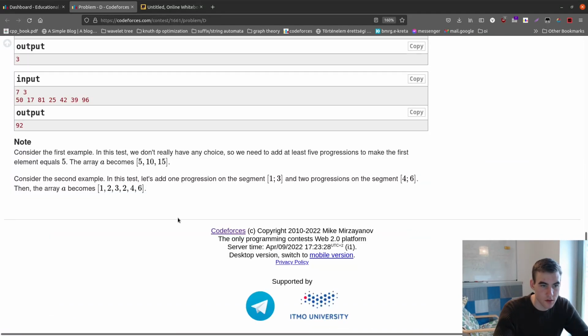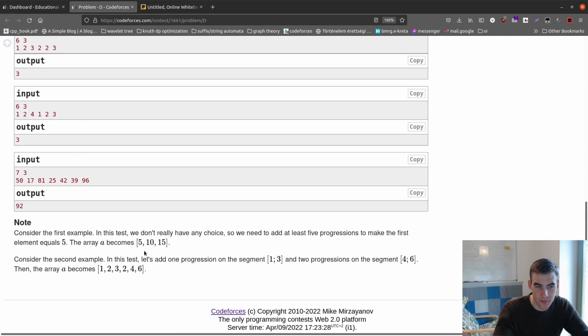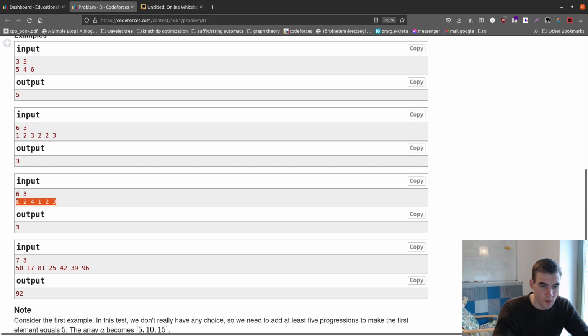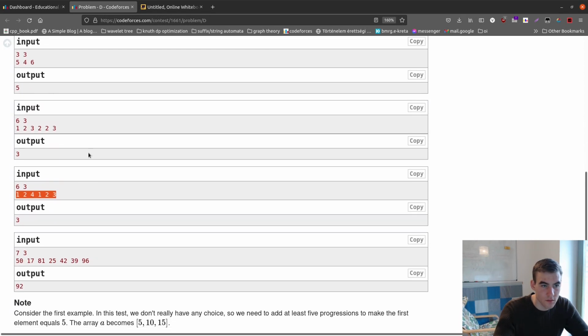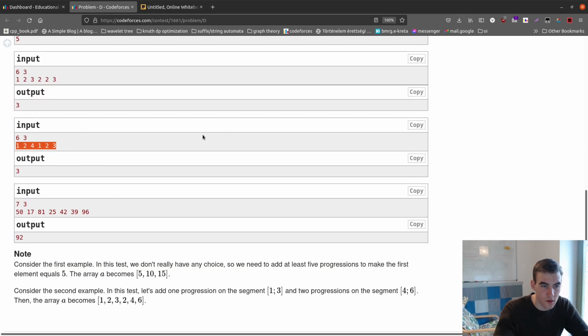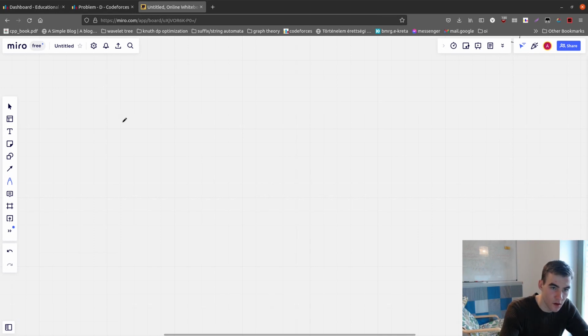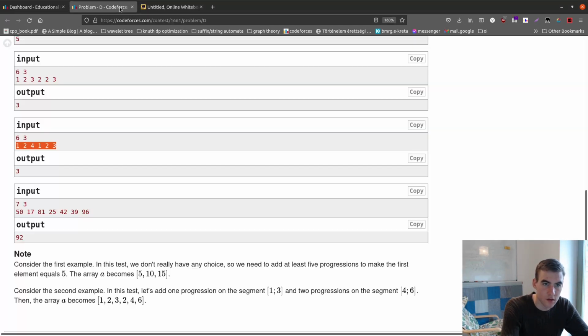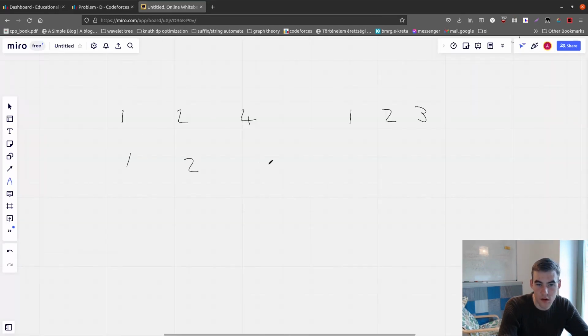Is there an interesting example? 1, 2, 4, 1, 2, 3. I increase it by, and it's in the 1, 2.